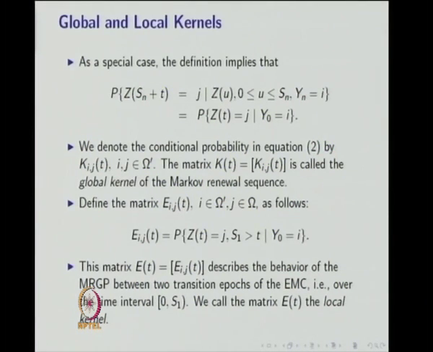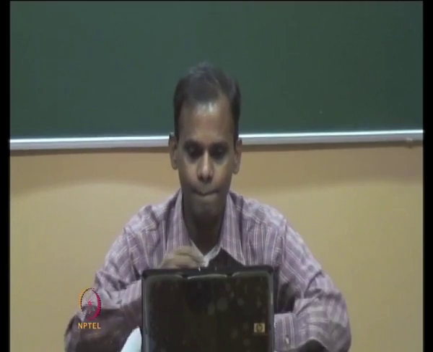So, this will form the local kernel. Using the global kernel and the local kernel, one can find the steady state and the transient behavior of the Markov regenerative process.